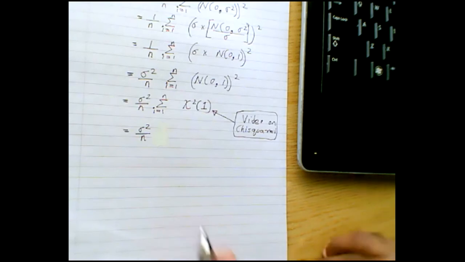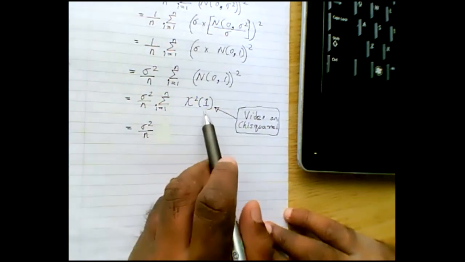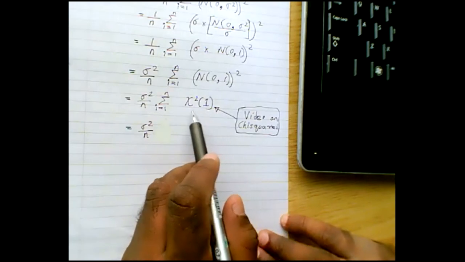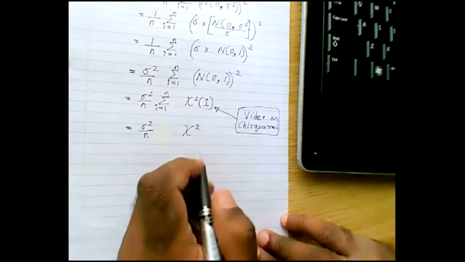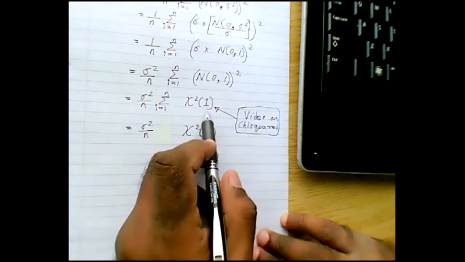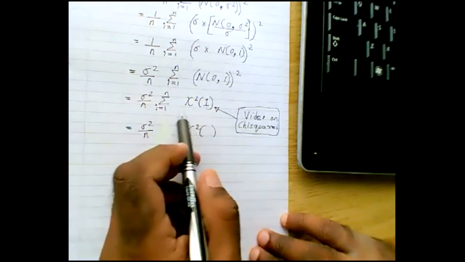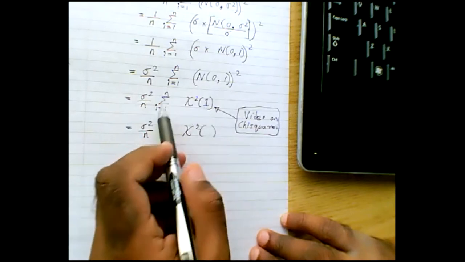All right, now another property that I mentioned in the same video is that if you sum independent chi-squared variables, what you get is also a chi-squared variable, with the degree of freedom equal to the sum of the degrees of freedom of the variables that you're summing. So here you have 1 repeated n times.